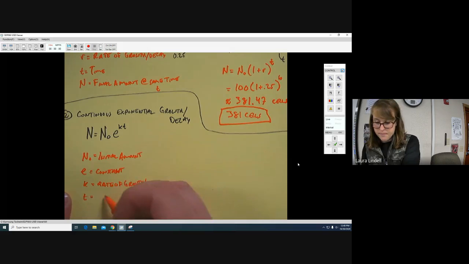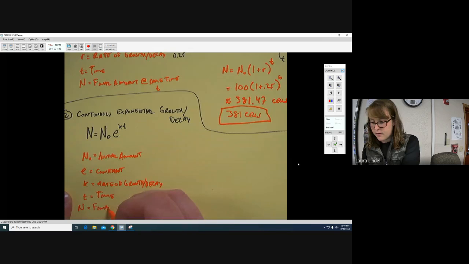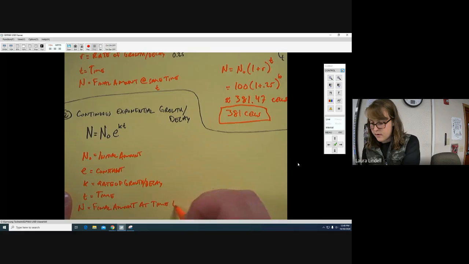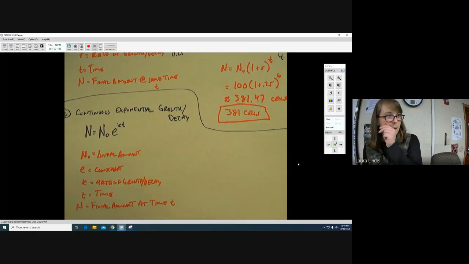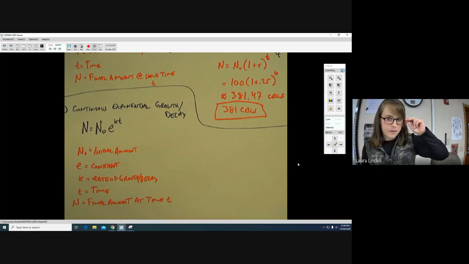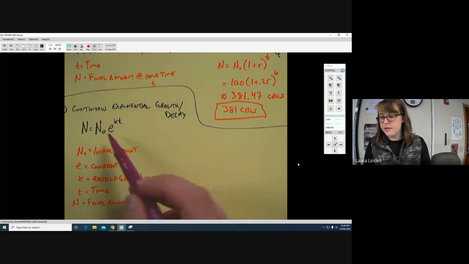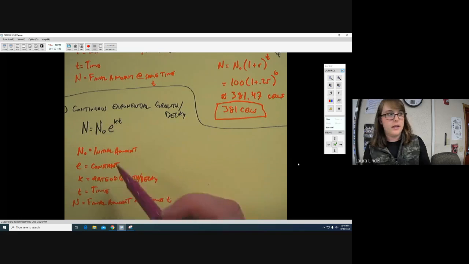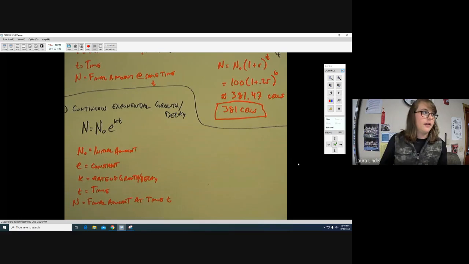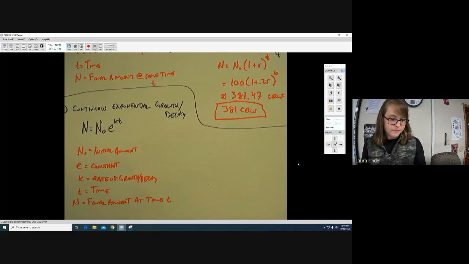And T is time. And then N is your final amount at time T. So we still break down those things pretty much the same way. The only difference here, instead of having 1 plus R, we have E. And then the rate is called K.